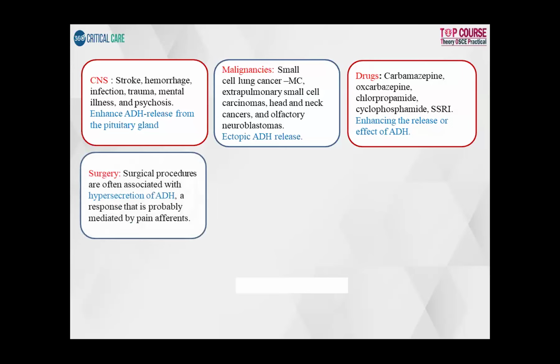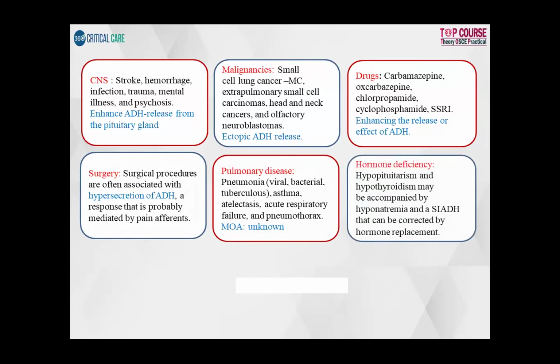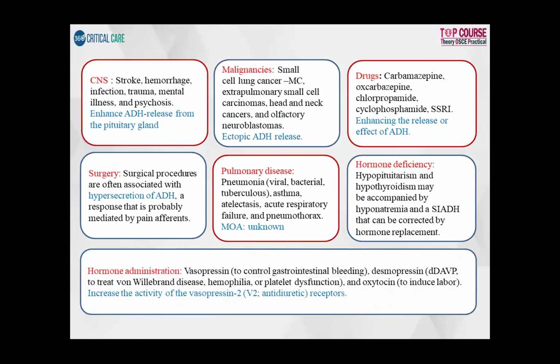Certain surgical procedures are also associated with hypersecretion of ADH due to a response which is mediated by pain afferents. Some pulmonary diseases like pneumonia, ARDS, atelectasis, pneumothorax may also rarely cause SIADH, and the mechanism in these cases is unknown. Hormone deficiencies like hypopituitarism and hypothyroidism may be accompanied by SIADH or may lead to SIADH.